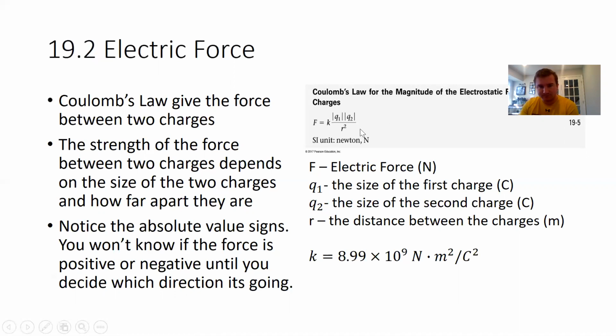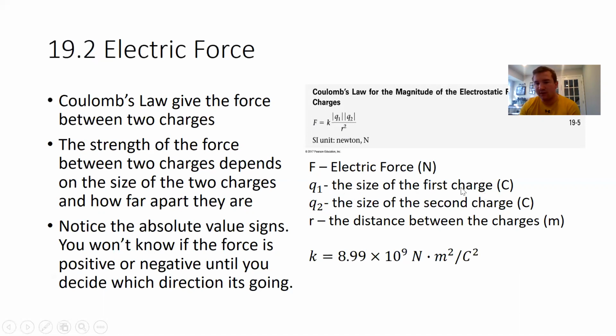So Coulomb's law is the force, which is F, equals K. K is a constant value. It's always the same number, 8.99 times 10 to the ninth. So that's always in there. It's always K times the absolute value of Q1 times the absolute value of Q2.